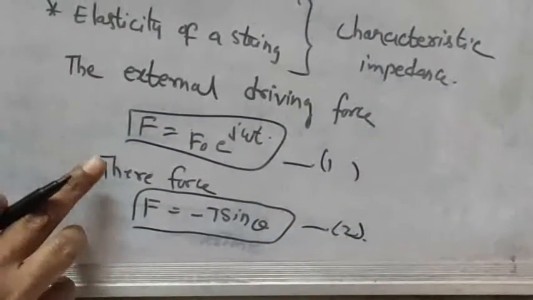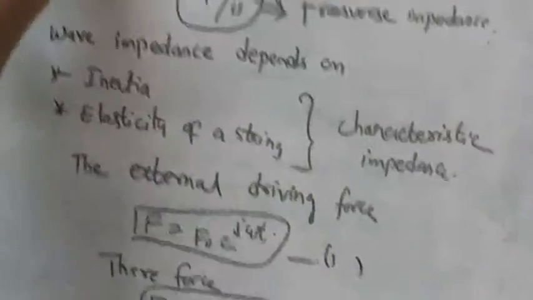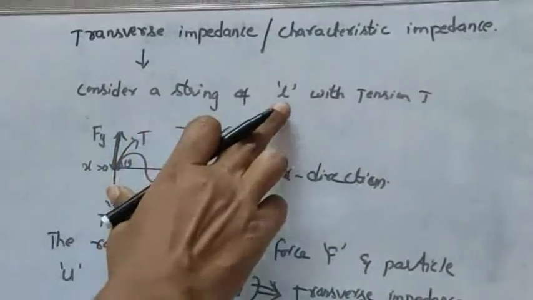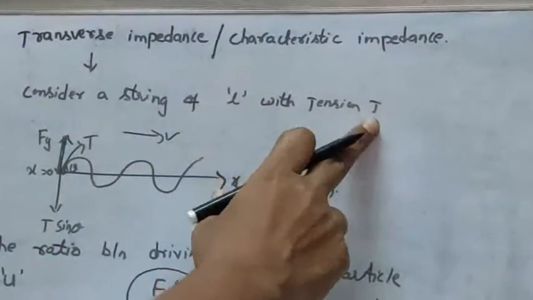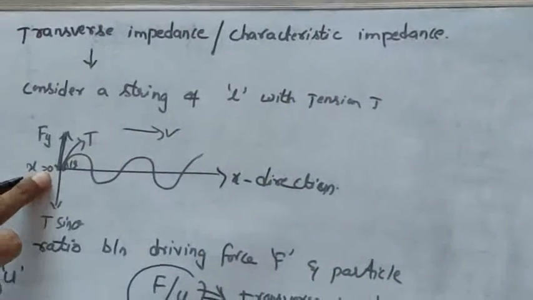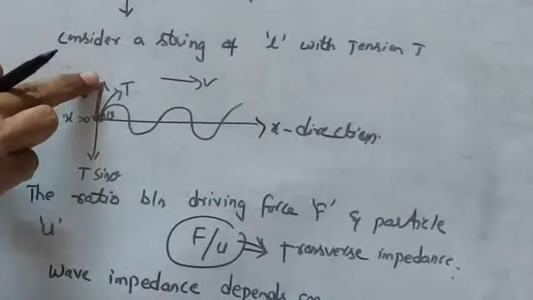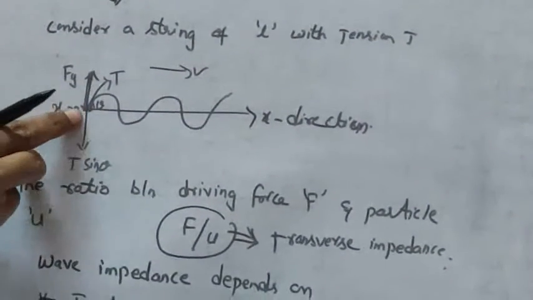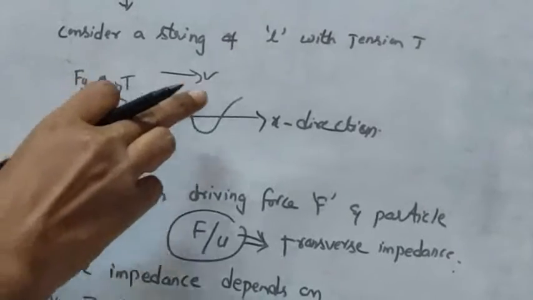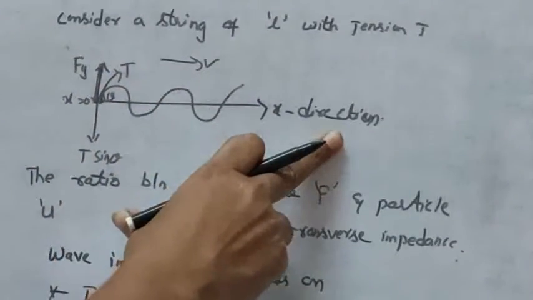So far, in transverse impedance we have considered a string of length L with tension T. Now we are applying some external driving force at one end of the string, and then it tries to propagate along the x direction.